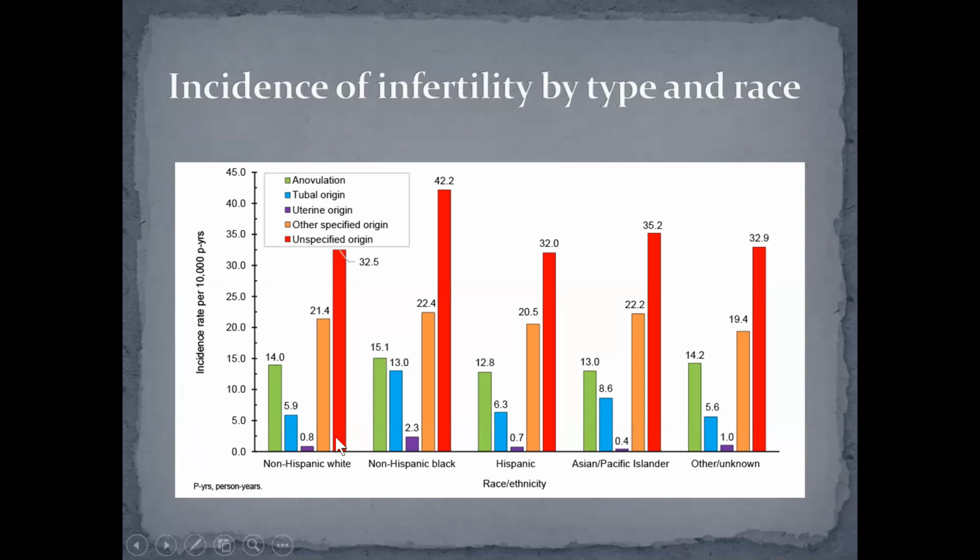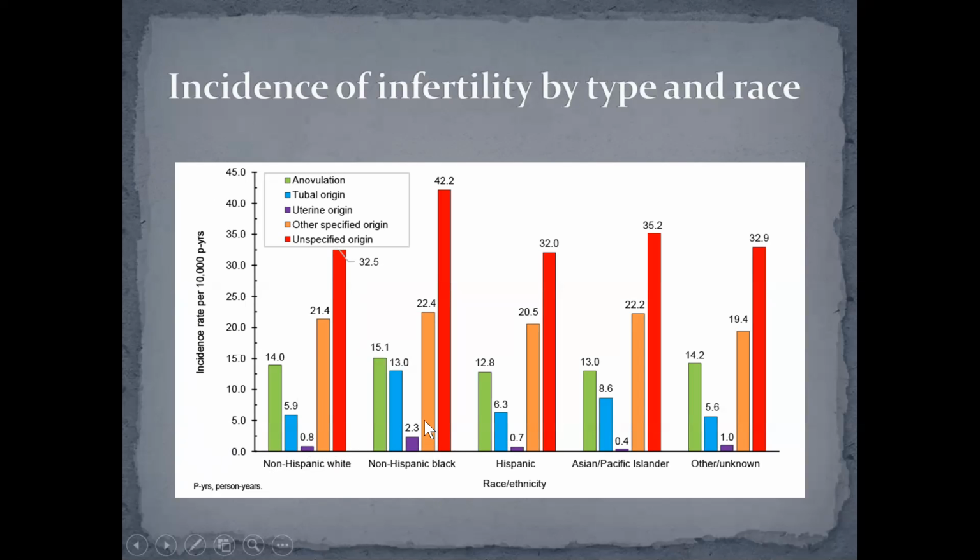In non-Hispanic white women, the maximal level belongs to cases of infertility of unspecified origin, a little bit lower for other specified origin, and the minimal amount for uterine origin.